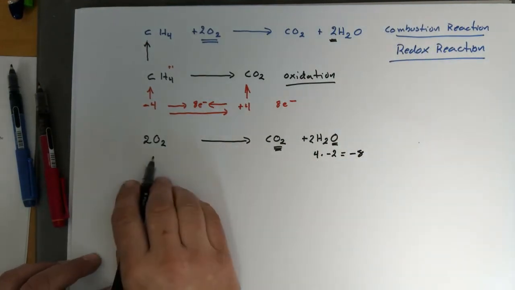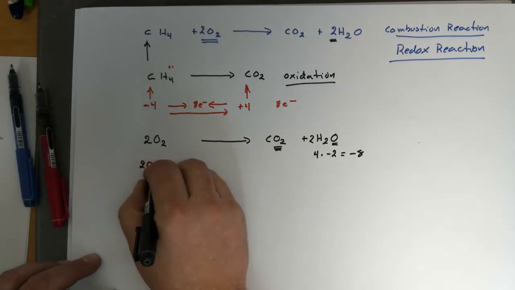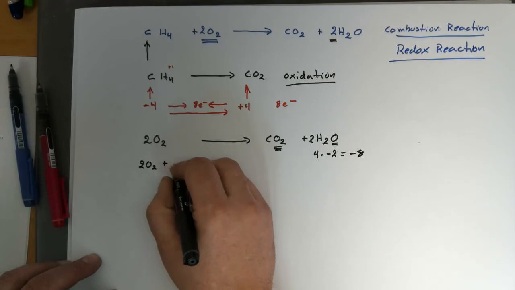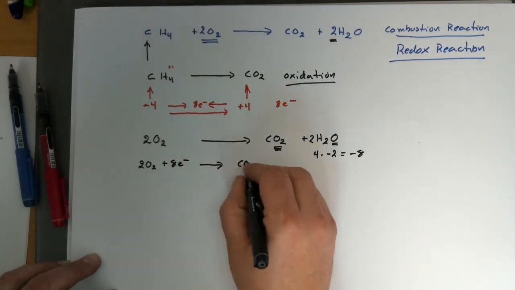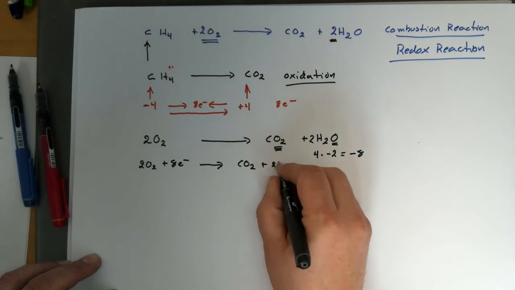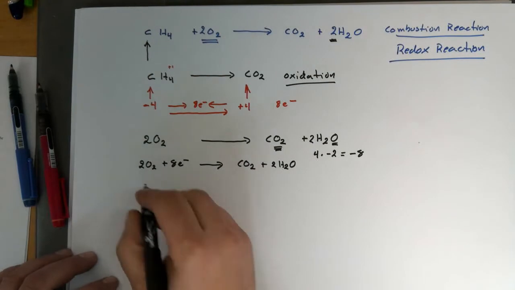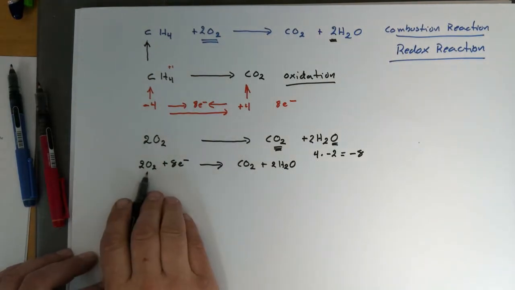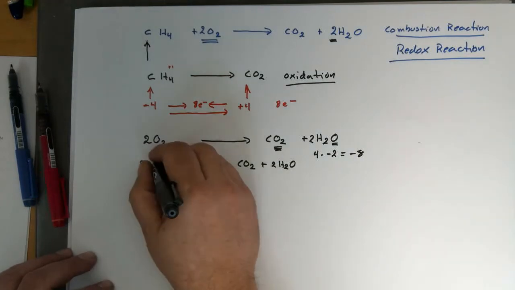So the electrons then have gone from what? They've gone 2O2 plus 8 electrons give CO2 plus 2H2O. Because in the beginning, the oxygen, because it's bonded with itself, has an oxidation number of 0.